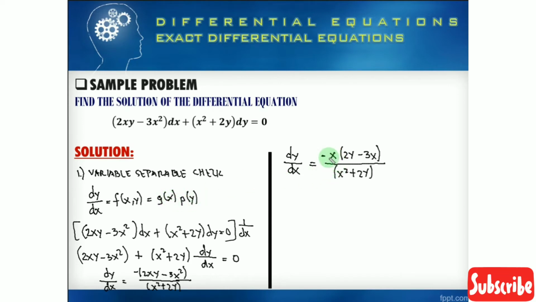because if this is our x times this quantity here, which also has the variables x and y, the denominator also has the variables x and y, therefore we can say that this did not comply with this form of dy over dx equal to j as a function of x times b as a function of y.